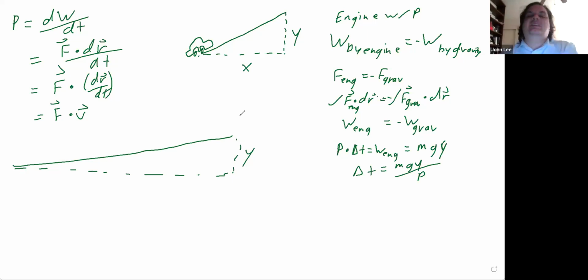So delta T is equal to mgy over the power. It's only dependent on the y value of work. So yeah, that's kind of interesting, I think.